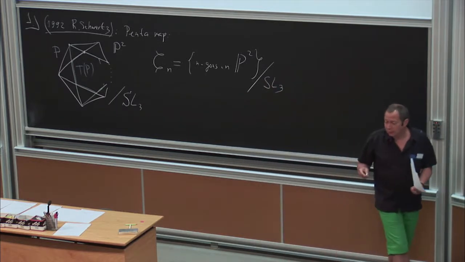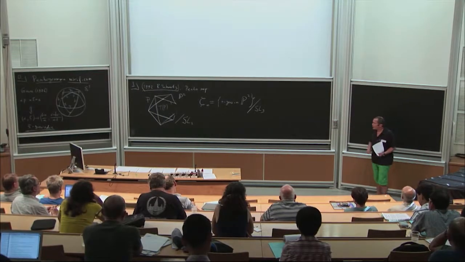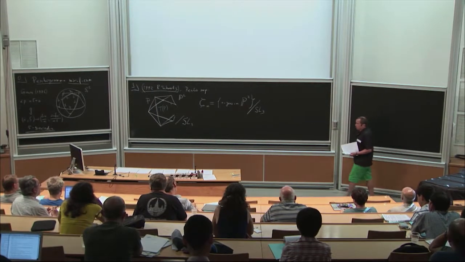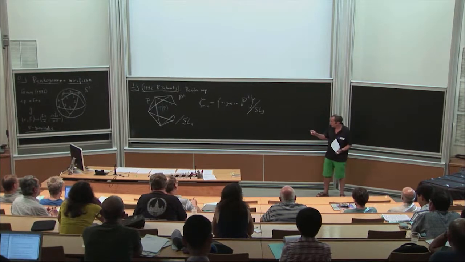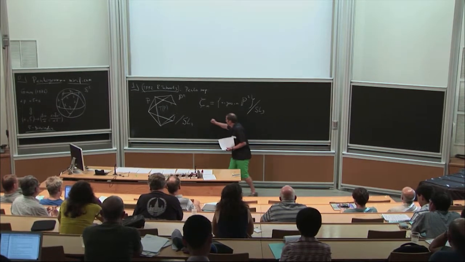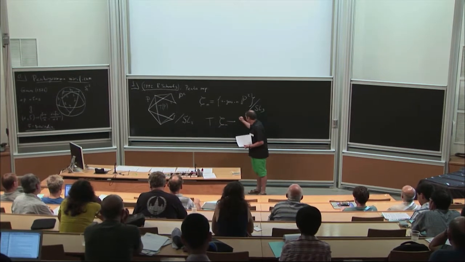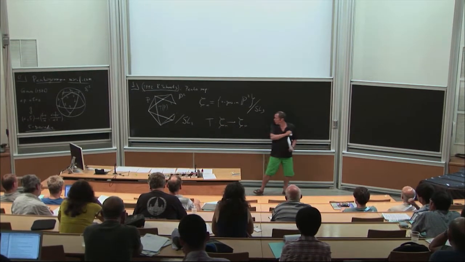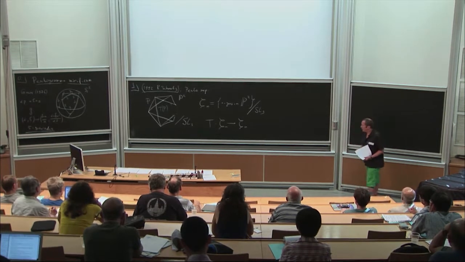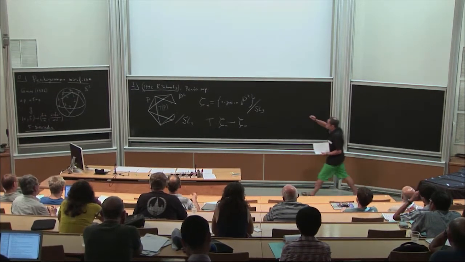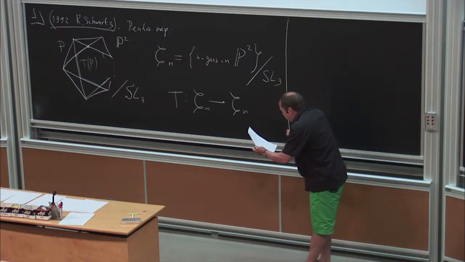So this is also, we can say, the moduli space of projectively equivalent n-gons, if we prefer. And the map T is well defined, because it commutes with the action of SL3, so it is well defined on this space.